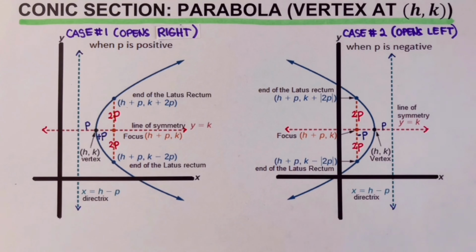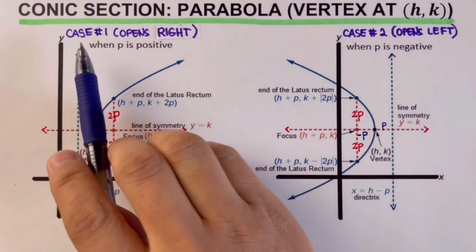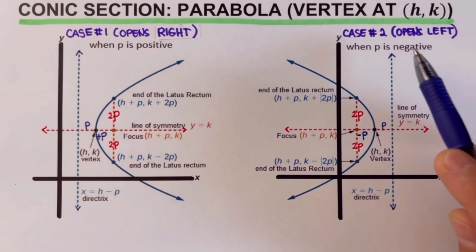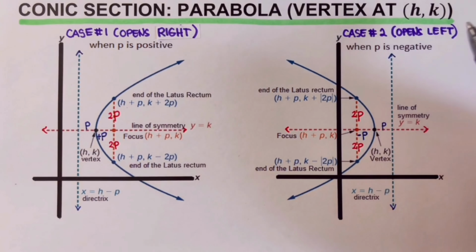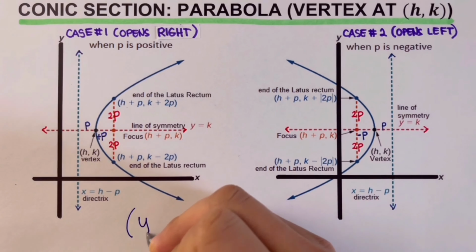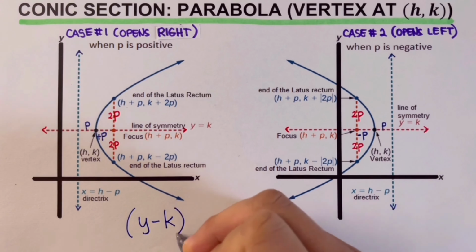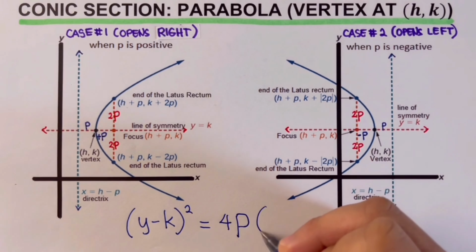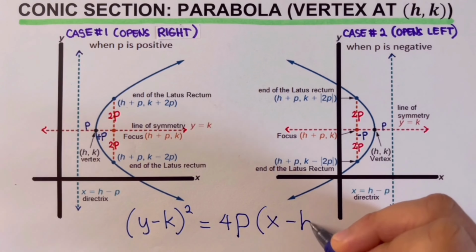On the right, you will see the first case. I labeled it as case 1, and that is when the parabola opens right. And case 2 is whenever the parabola opens to the left. For these 2 cases, the equation that we are going to use every time will be (y − k)² = 4p(x − h).